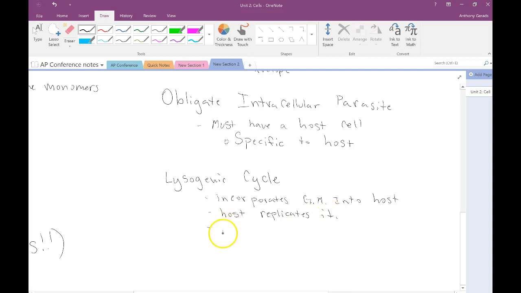And it's not harmful. So it can just sit there replicating over and over and over again. Nothing bad ever happens to the host cell. The host cell probably doesn't even realize it. It's just kind of hijacked it, and now it's having the host cell do all this for it. And then all of a sudden we can get a trigger that says, hey, it's time to break out.